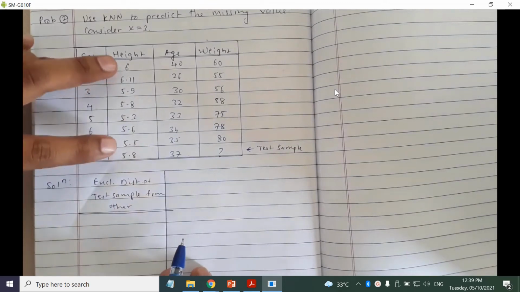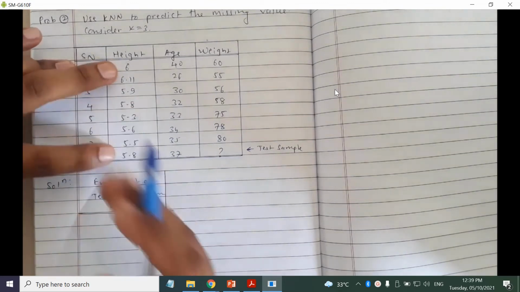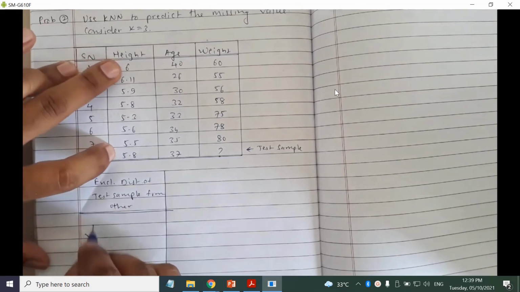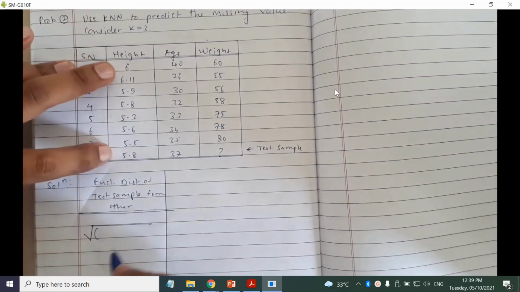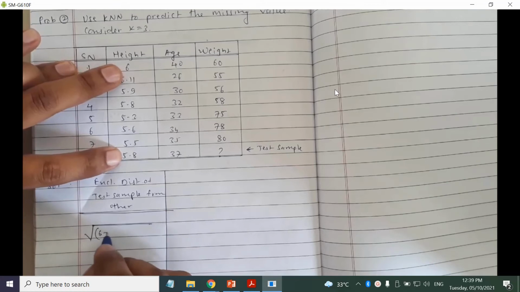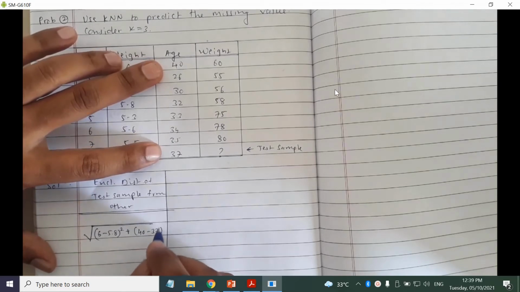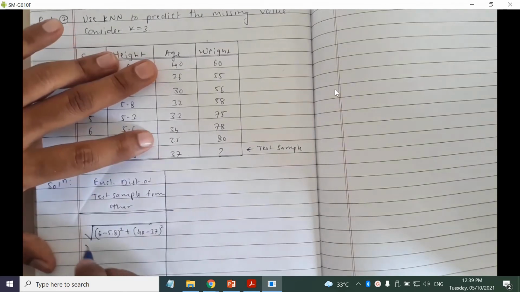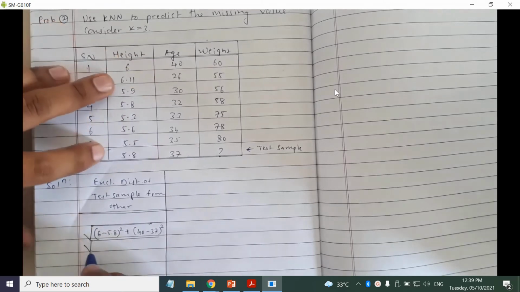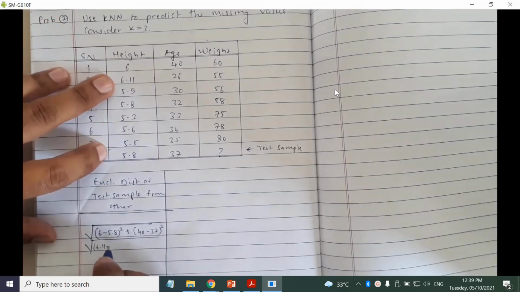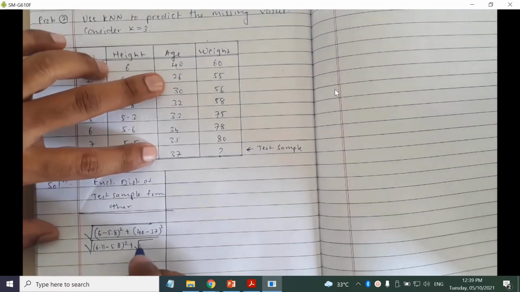So we know that we have to take the difference between the attributes, and then take the square of the difference. So (6 minus 5.8) square plus (40 minus 37) square, right? Then next, (6.11 minus 5.8) square plus (26 minus 37) square.